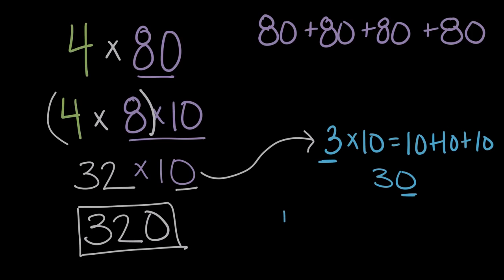If we had something like 12 times 10, well, that would be 12 tens. And if we listed out 10 12 times and counted them up, it would add up to 120, which again is our 12 with a 0 on the end. So we can use that pattern here to see that 32 times 10 is 32 with a 0 on the end.